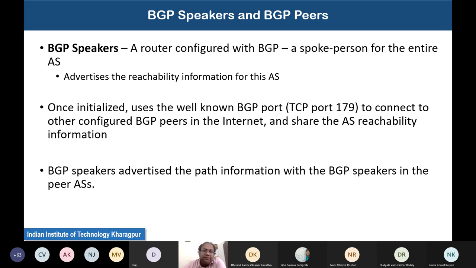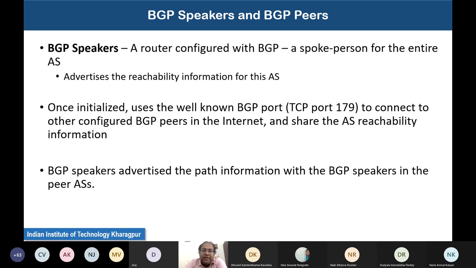A BGP speaker is a router configured with BGP, and it is a spokesperson for the entire autonomous system. For example, within the IIT Kharagpur network, we can designate one BGP-supported router as a BGP speaker, and its task would be to announce the subnets reachable via the IIT Kharagpur autonomous system.